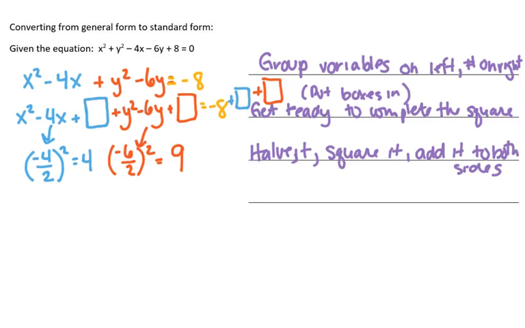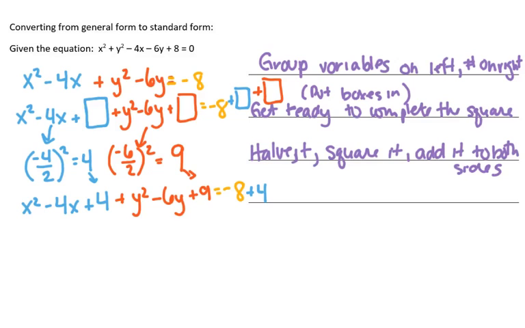Watch your signs. So if I rewrite this, by inputting these new numbers in, I'm going to get x squared minus 4x plus 4, that's where that number comes from, plus y squared minus 6y plus 9, is equal to negative 8, and because I added it to one side, I have to add it to the other.